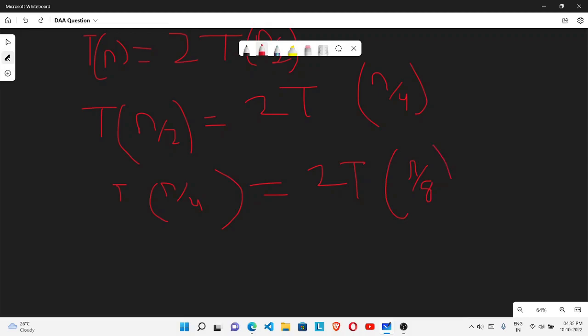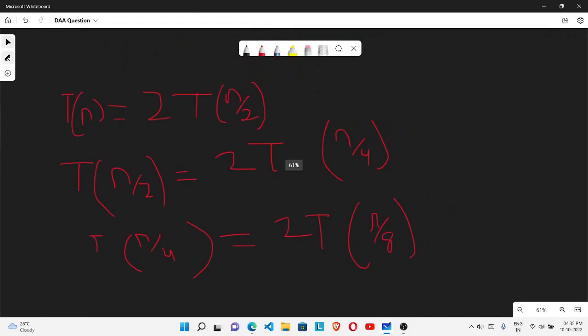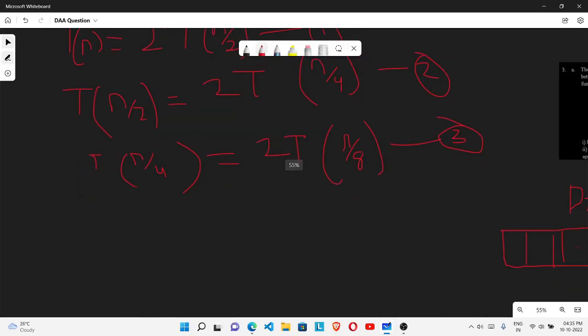So yeah, you substitute it for the first 3 times. This is the substitution method, and you name them 1, 2, and 3. Alright, now you substitute 3 in 2. So 3 into 2 will give me T of n by 2 is equal to 2 times 2T of n by 8.